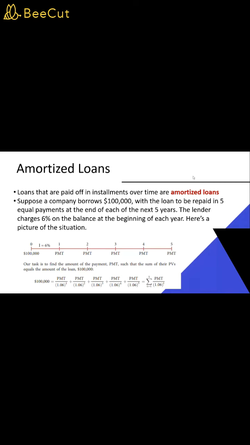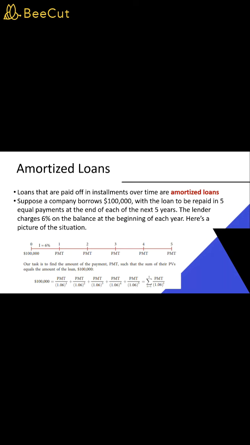Now, something else that's very important to familiarize ourselves with is something known as amortized loans. Amortized loans are loans that are paid off in installments over time. Let's say you take a loan for a big sum of money, and you tell the person you've taken the loan from, I'll pay off a certain amount every year.